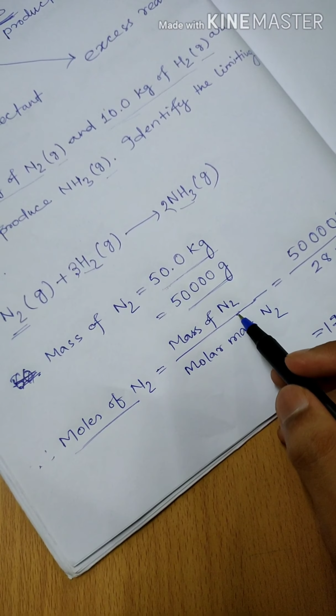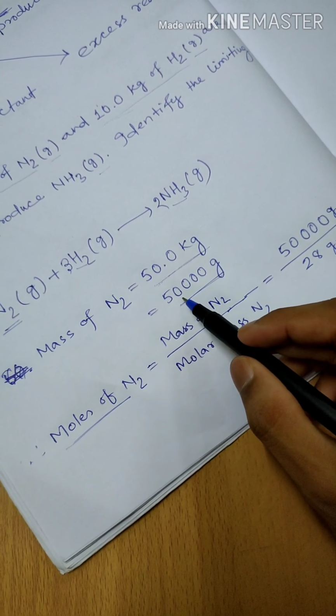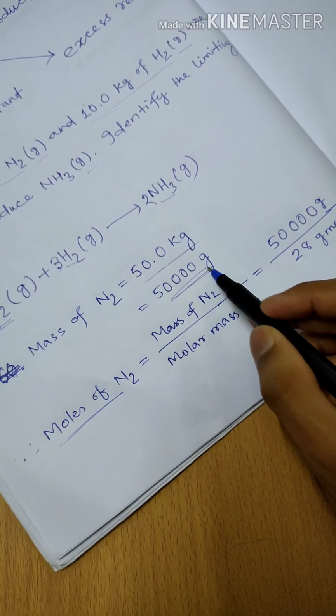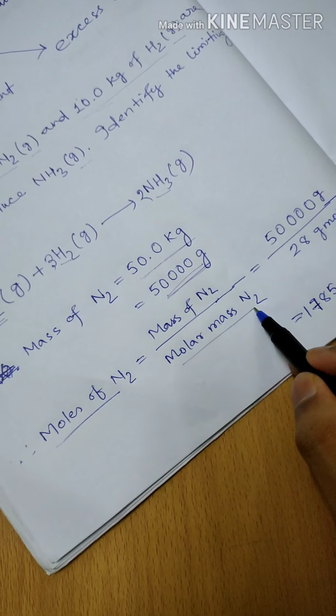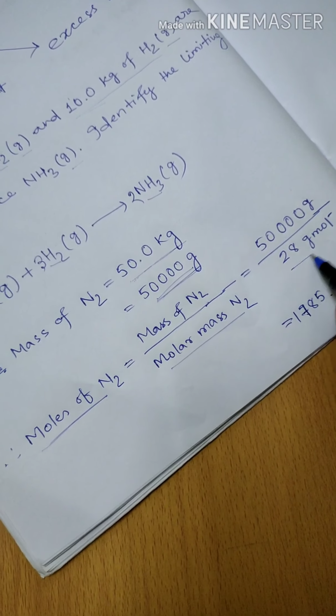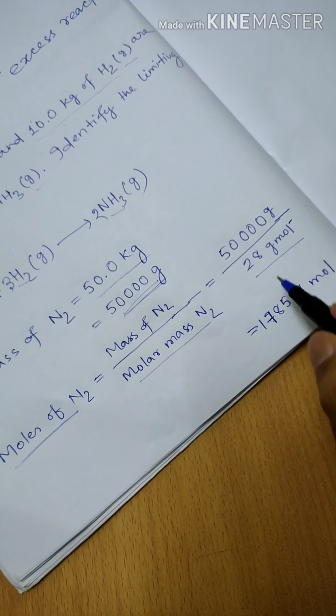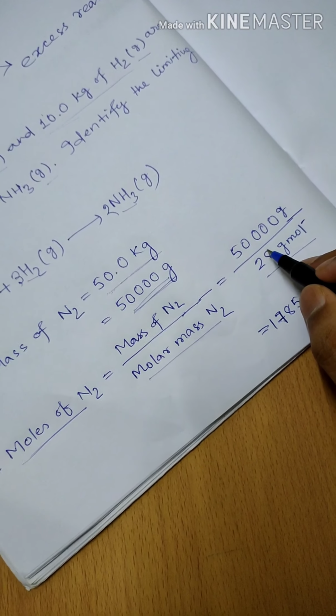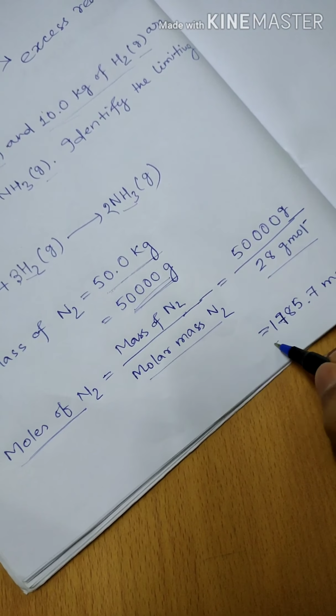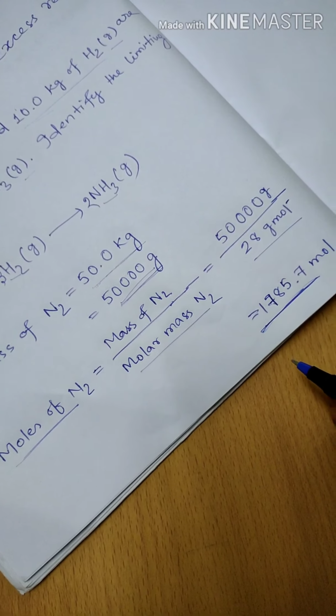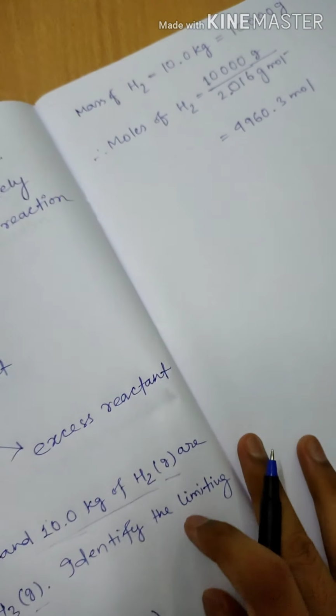Mass of N2 is given as 50,000 and molar mass of N2 is 28 gram per mole. So if we divide this, then this will be the result, 1785.7 mole.